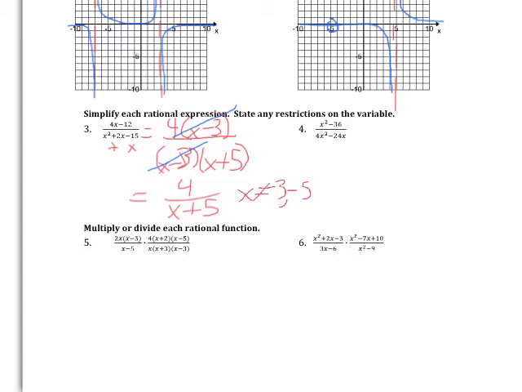Taking a look at number 4. Same thing, it's just the factoring's a little bit different. On the top, that's a difference of two squares. I can factor that to be x minus 6 and x plus 6. And on the bottom, I can factor out a 4x, and that leaves me with x minus 6 in the parentheses.